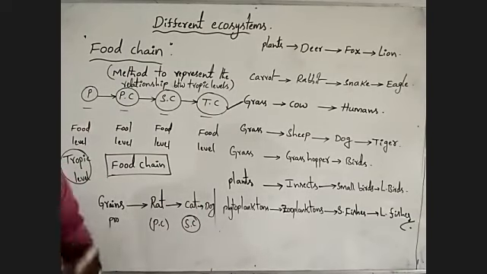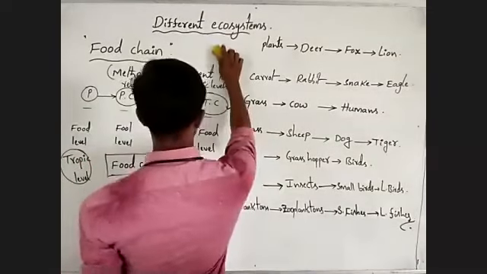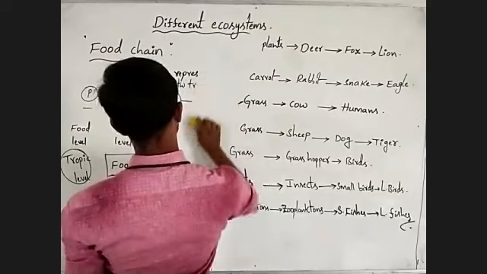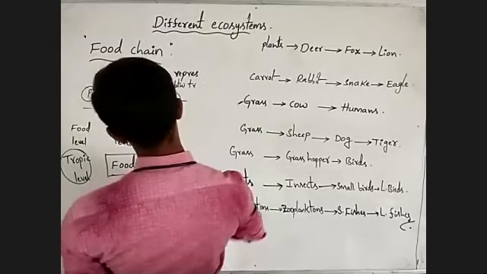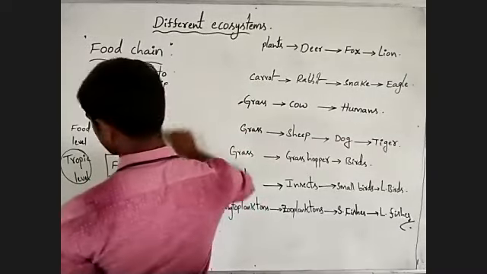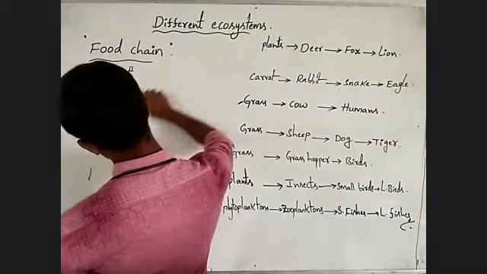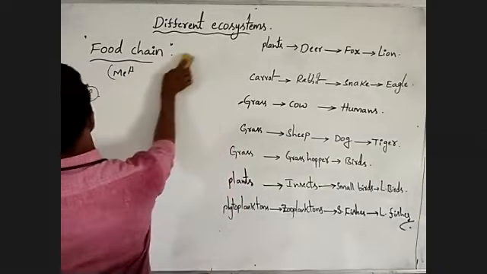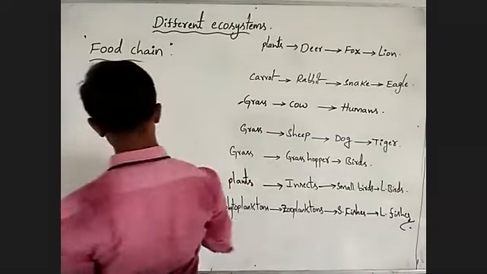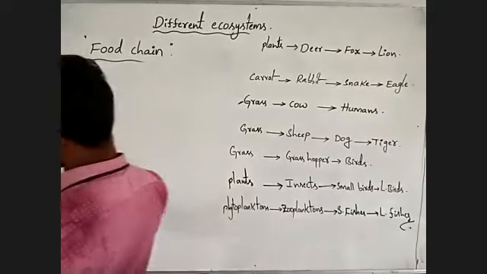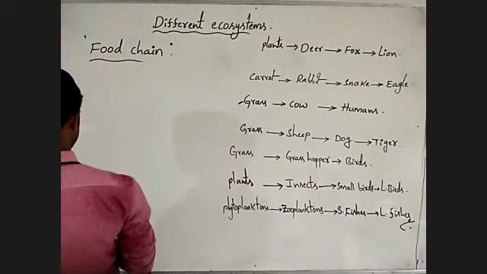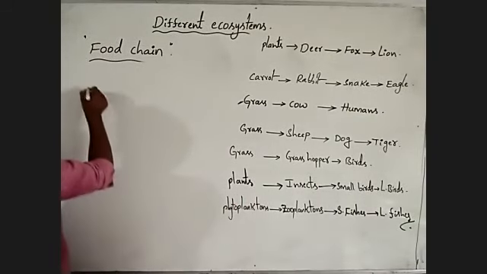Okay. Next, another method to represent the relationship among all trophic levels. That is food web.